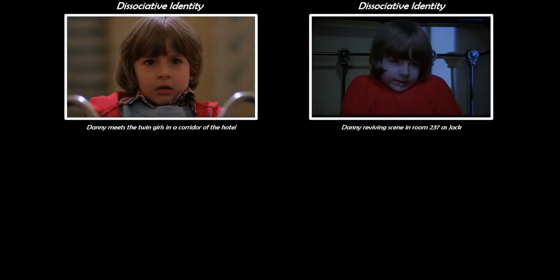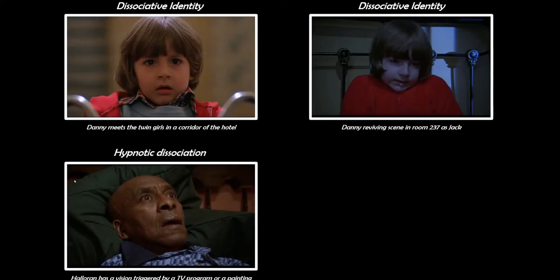So here we see Danny as he meets the twin girls in a corridor of the hotel. Or here we have a kind of trance, when Danny is reliving the scene in room 237. Another example is Halloran in his room, another hypnotic dissociation. And here it is interesting to note that the character seems lost.